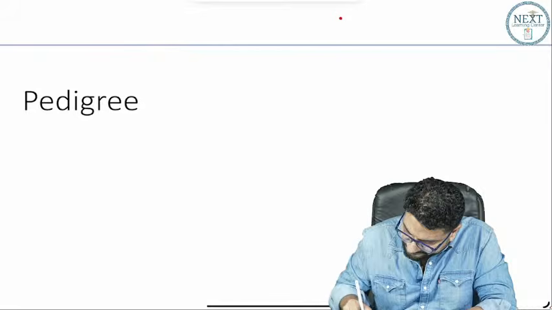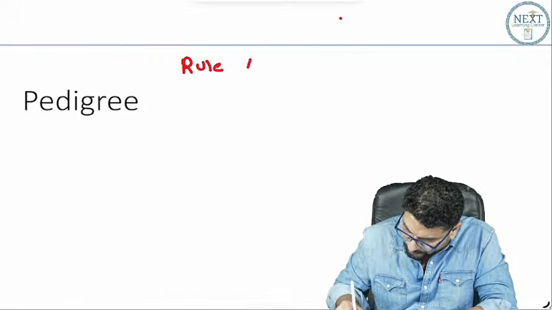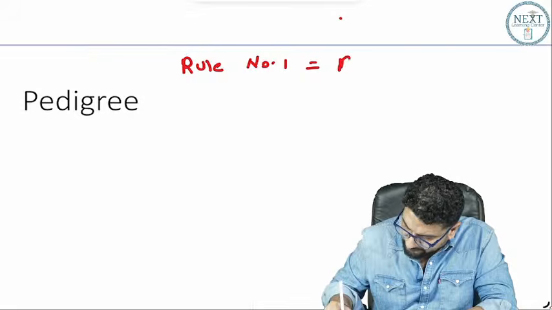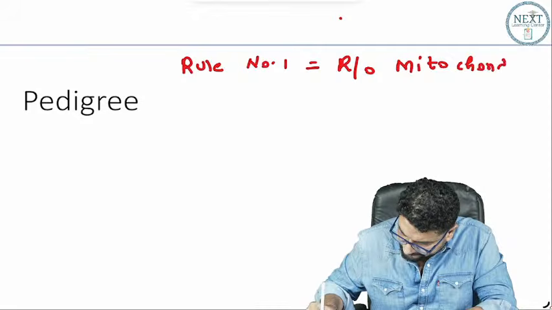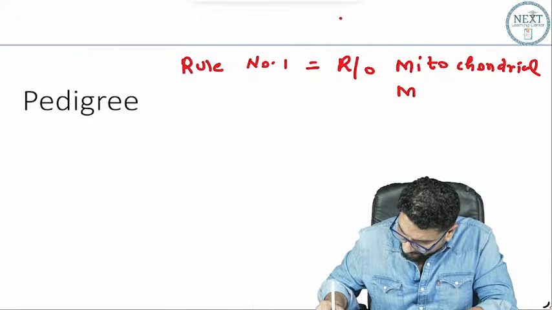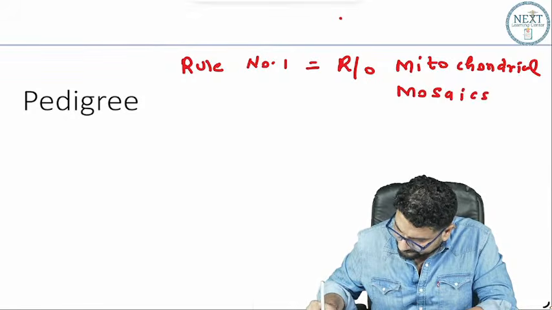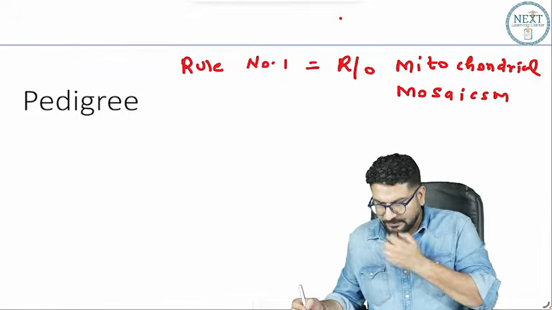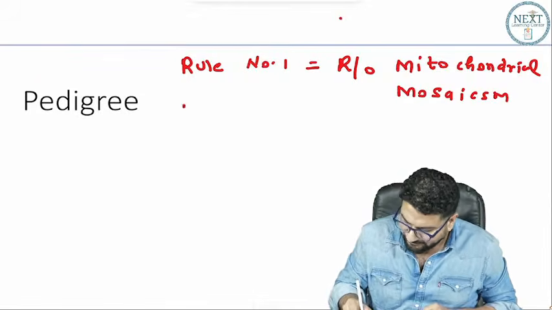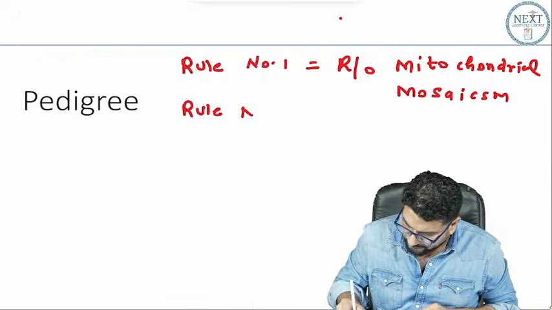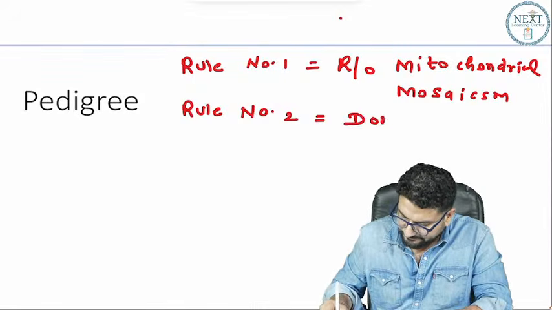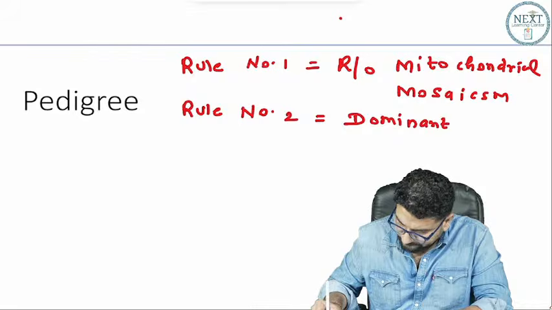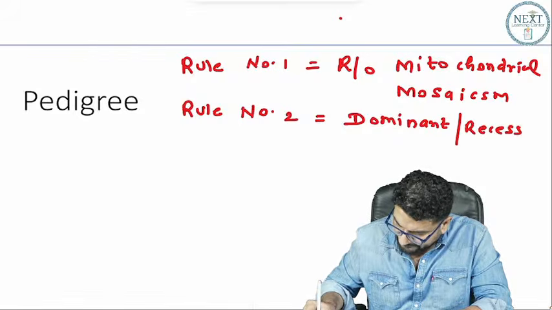So rule number 1 is we have to rule out mitochondrial and mosaicism. तो आपको रूल आउट करना. रूल नंबर 2, understand this thing. We have to see dominant or recessive.